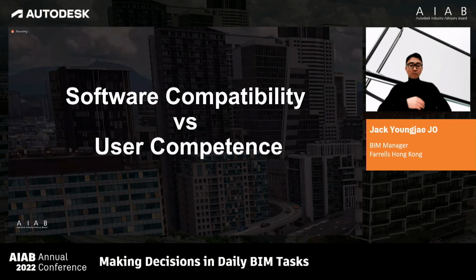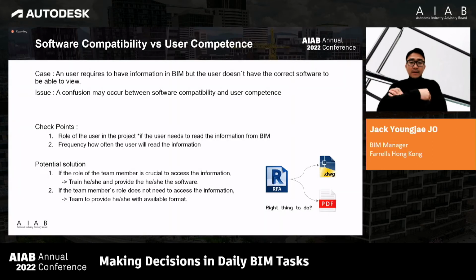And next one is software compatibility versus user competence. Here is a case. A user requires design information in BIM, but that user doesn't have the correct software to be able to view it.